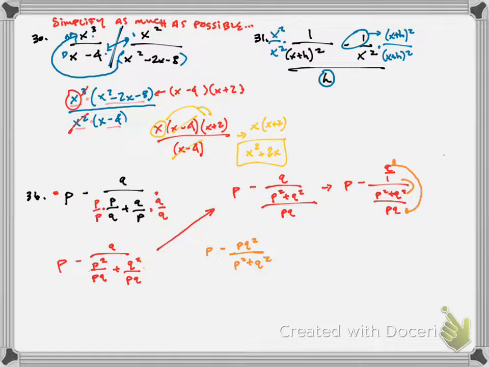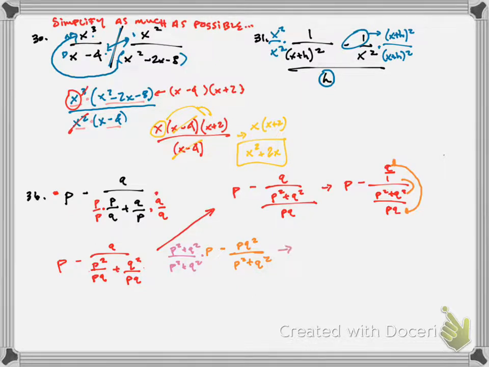All right? Now, the issue is I don't have a common denominator once again. So I'm going to multiply p by p squared plus q squared over p squared plus q squared. So now I do have a common denominator.